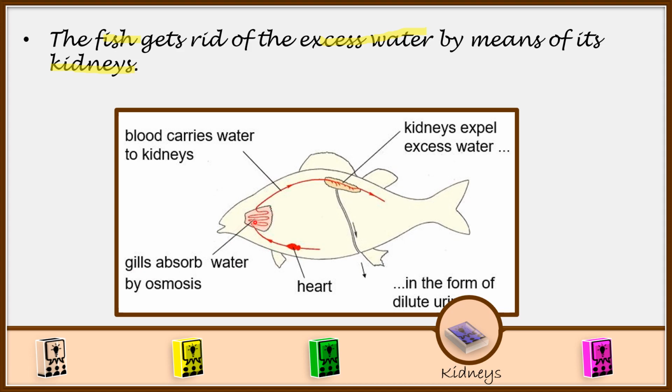That water is carried in the blood, so the blood carries water to the kidney. In the kidney, we expel the excess water, and it comes out in the form of dilute urine.